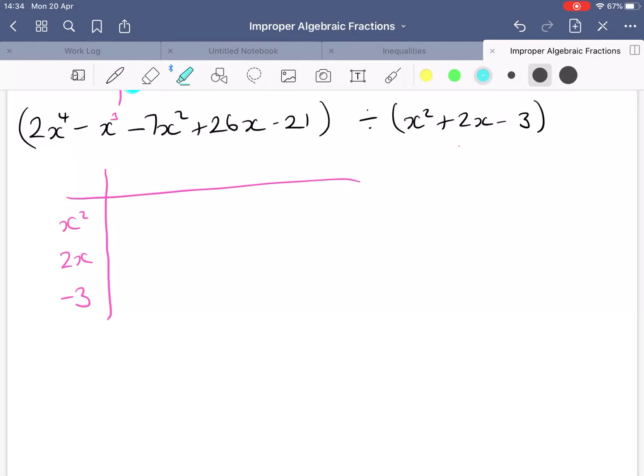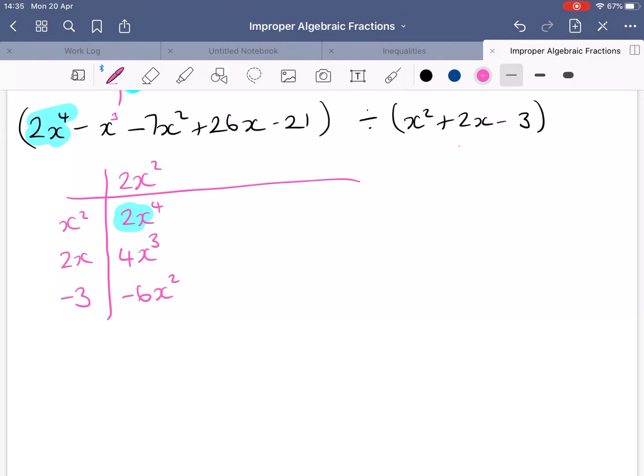And again, follow the same process. So my first term is going to come from my very top left corner. So I'm going to have 2x to the power 4 there. What times x squared makes this? Well, it's got to be 2x squared. Fill in the column. 2x squared times 2x is 4x cubed. And 2x squared times minus 3 is minus 6x squared.